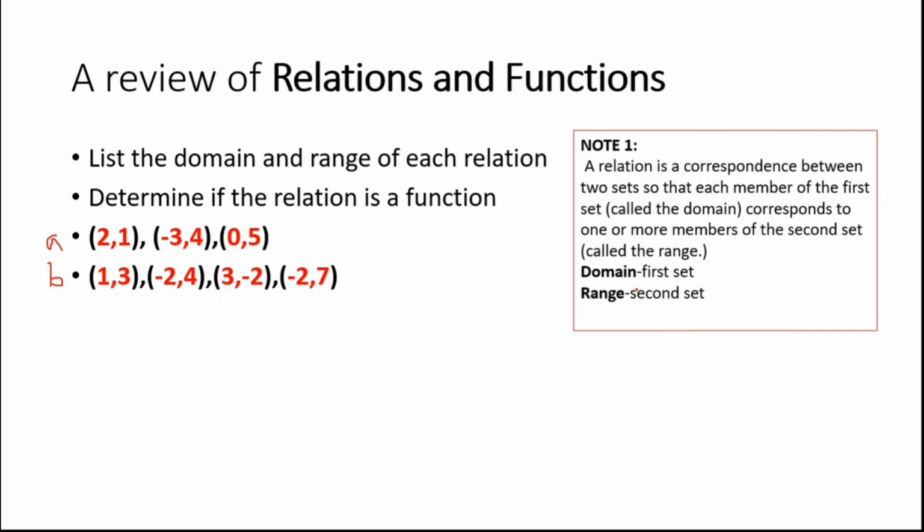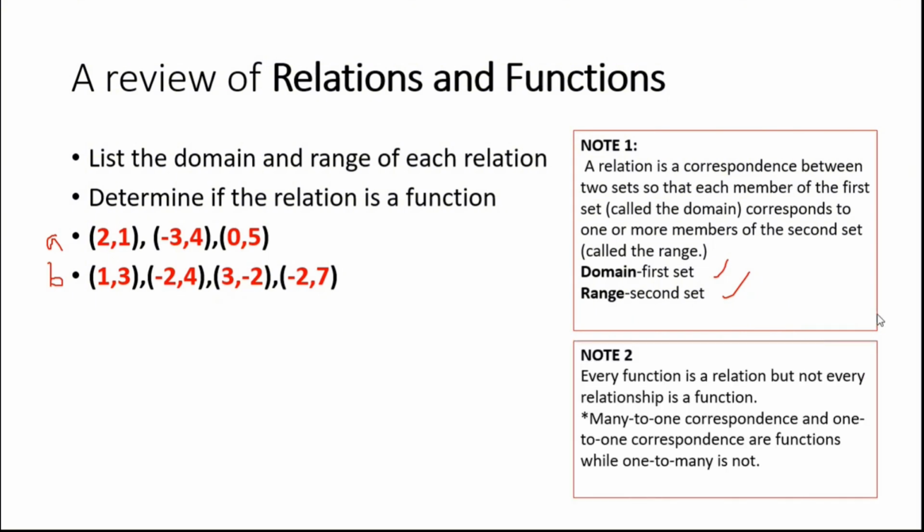Before we go through these examples, we have some notes. Note 1: remember that a relation is a correspondence between two sets, where each member of the first set corresponds to one or more members of the second set. The domain is the first set and the range is the second set. As we said before, the domain is the x values and the range represents the y values.